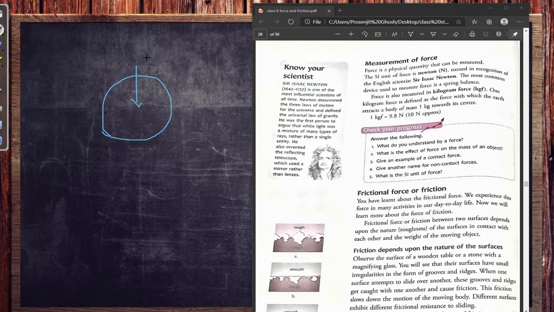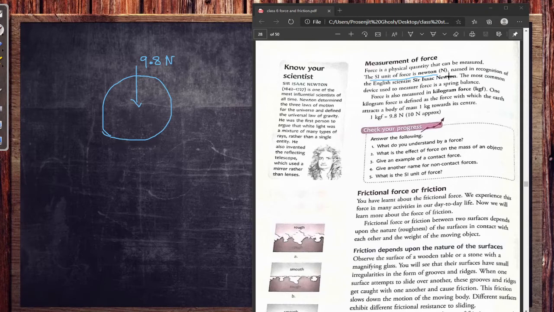This value is 9.8 Newton, where Newton, that means capital N, is the SI unit of force. That is the SI unit of force. This is a very important question. You can mark it in your book. All right.